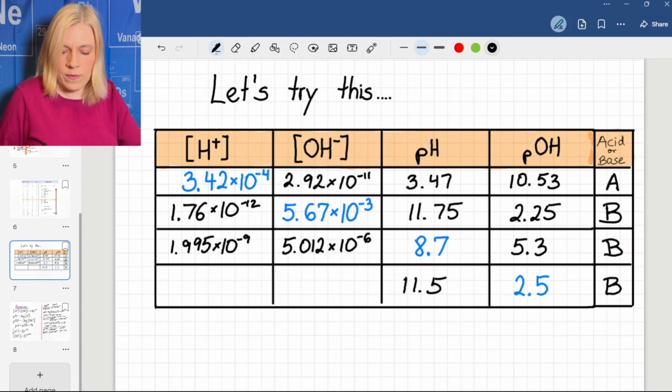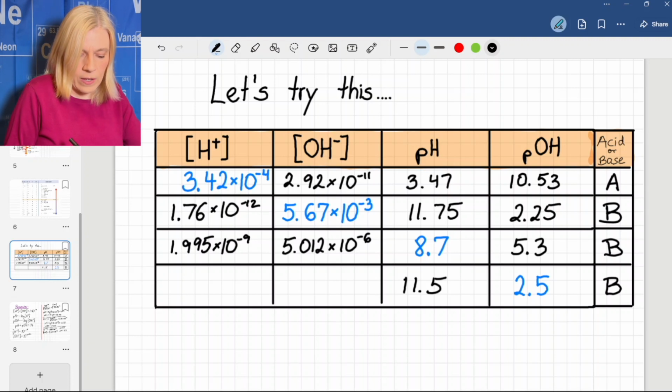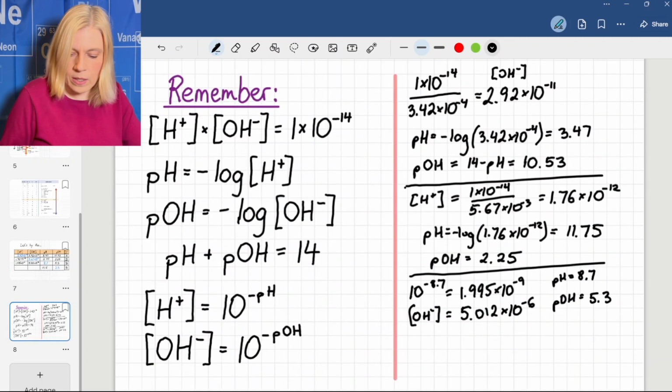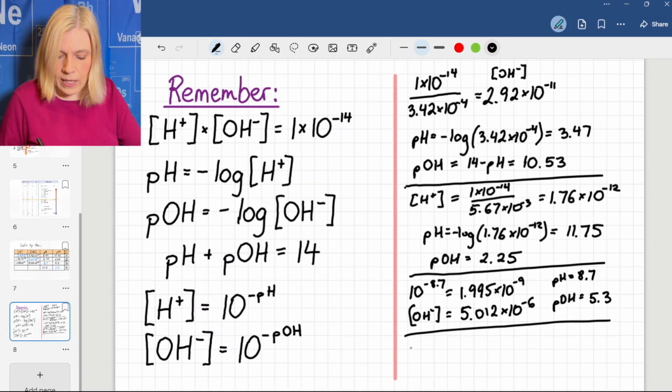If you have this 2.5, we can do 10 to the negative 2.5. 2.5 is my pOH, and then my OH minus concentration.